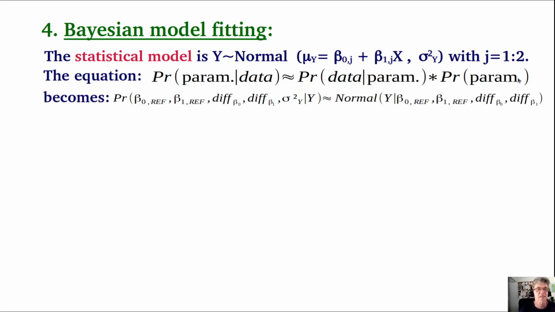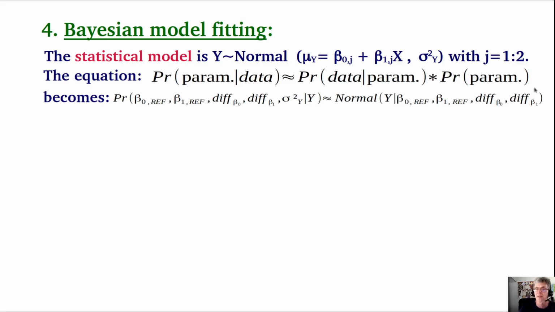This model has 5 parameters: the intercept of the reference level, the slope of the reference level, the differential of intercepts, the differential of slopes, and the variance of the response variable.